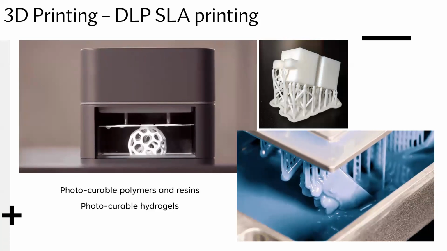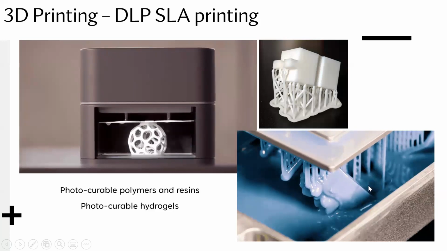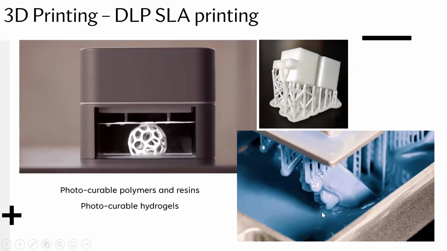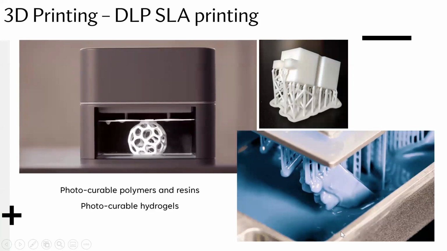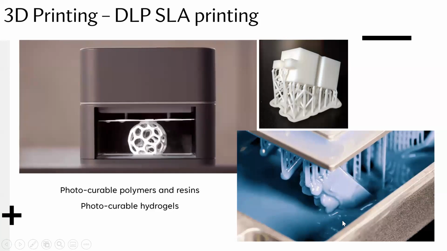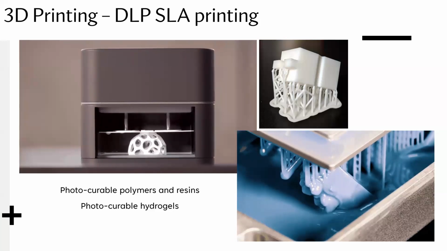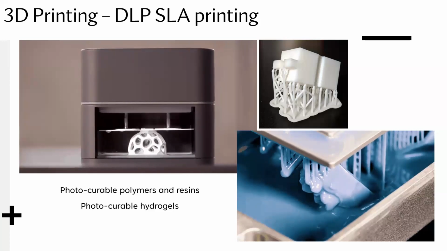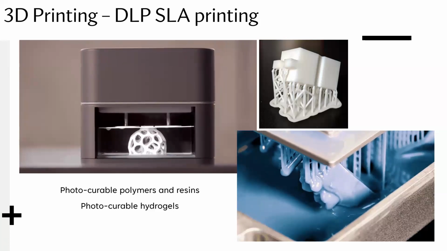Now, a lot of these print processes have a similar phenomenon happening here, and that is basically they do a pumping step, where it goes up and down, and it peels the object off of the membrane and then goes back down to print the next layer. It has to do this pumping step and peeling process every time to detach the solidified object from the glass window, because every time it sticks to it.